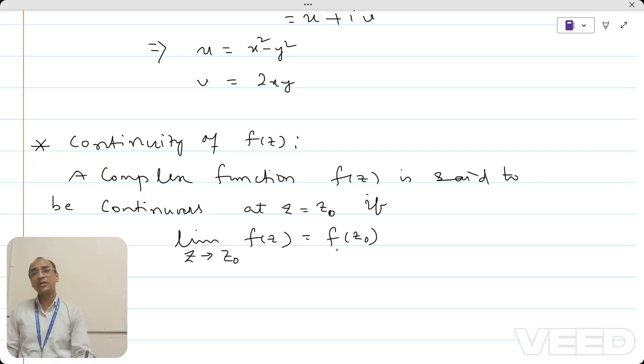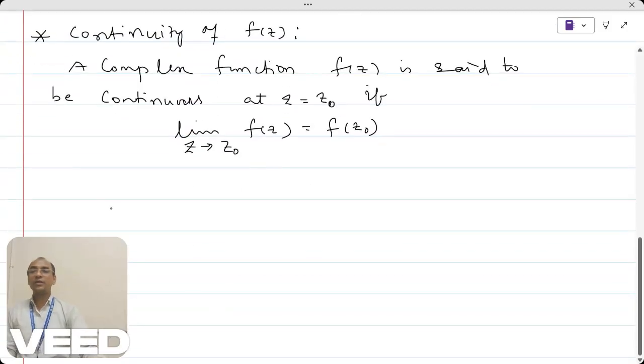So it is similar to the definition of real valued function. If limit z tends to z0, f of z is equal to f of z0, then we say the function is continuous. Limit of the function at z0 is equal to value of the function at z0.